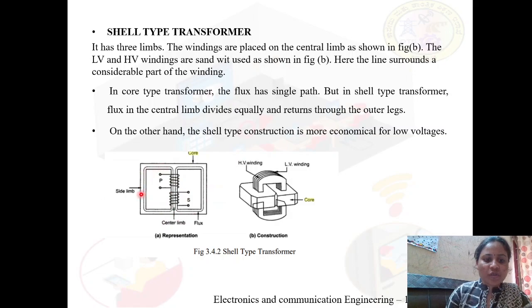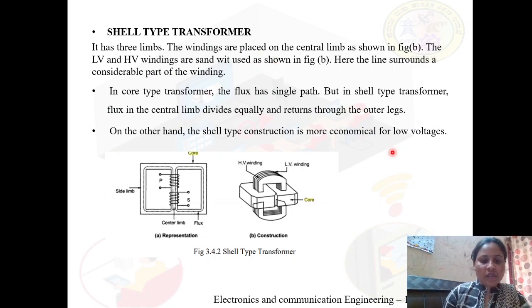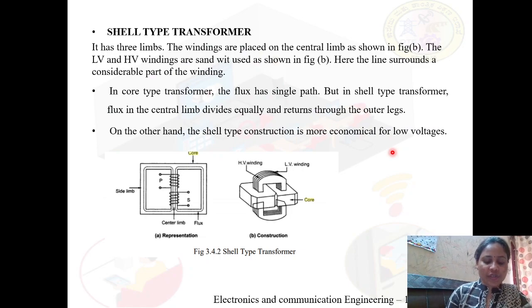Then one more difference is that the shell type transformer is more economical for low voltages, and the core type transformer is used for high voltage applications. That's all about this session. Thank you.